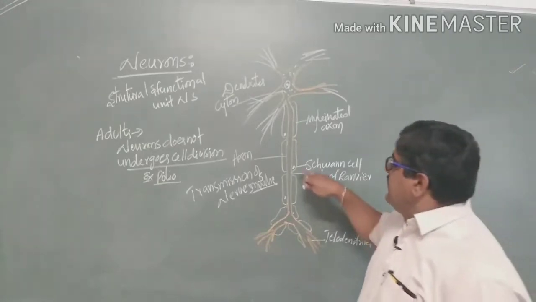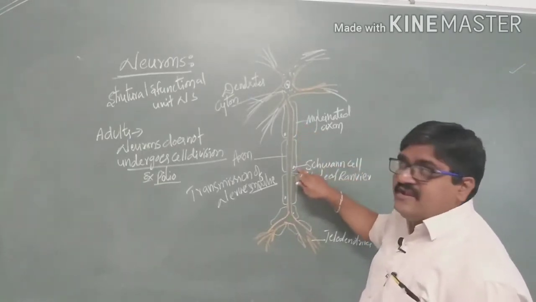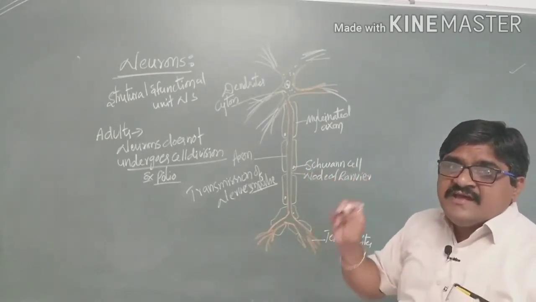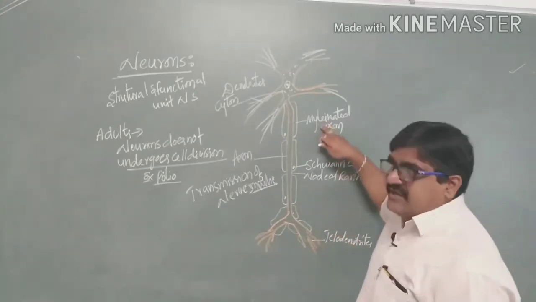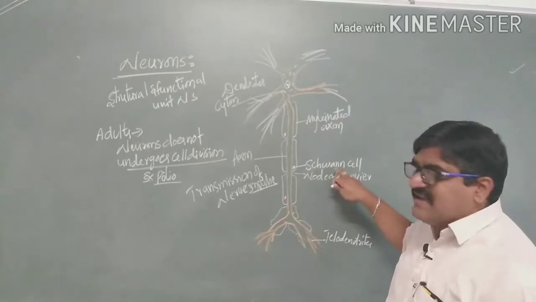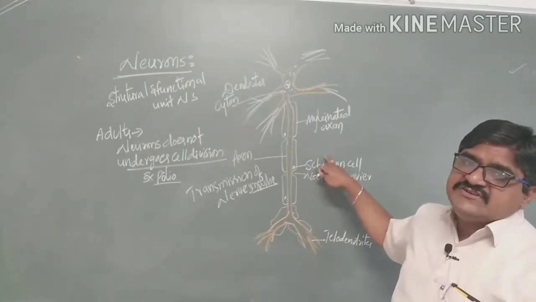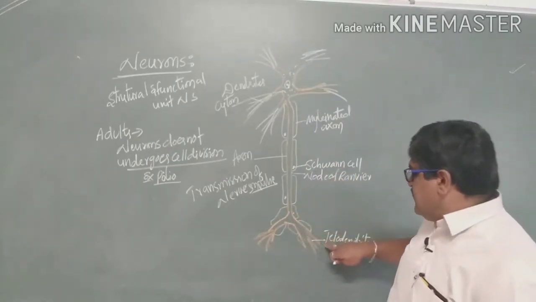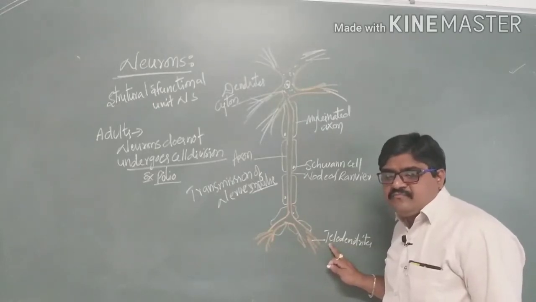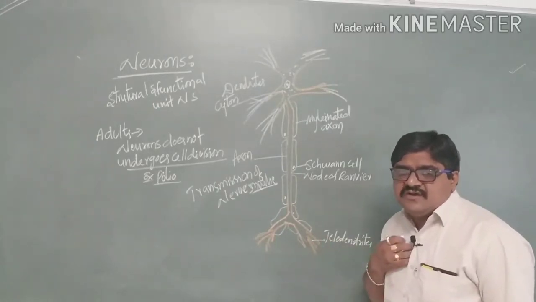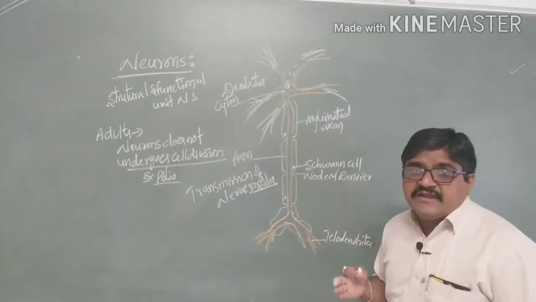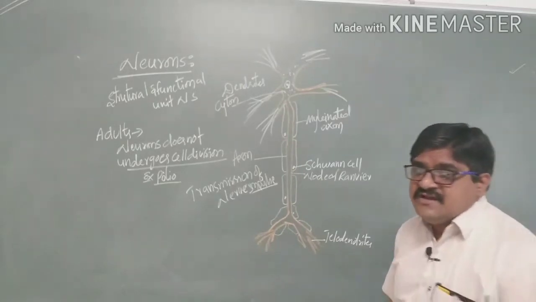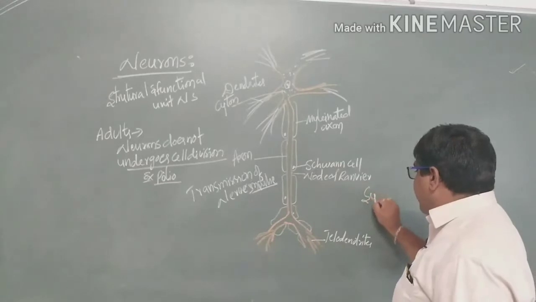Inside the myelin sheath there is a cell called the Schwann cell, which secretes the myelin sheath of the axon. The axon terminal has telodendrites. Information passes from the telodendrites of one neuron to the dendrites of another neuron, and that process is called the synapse.